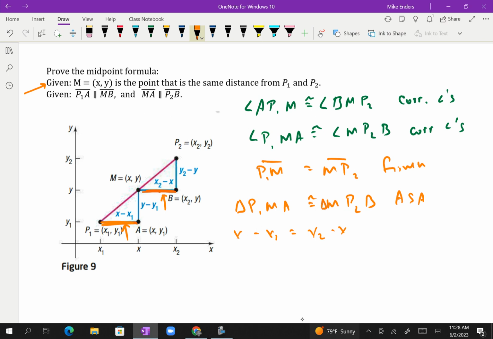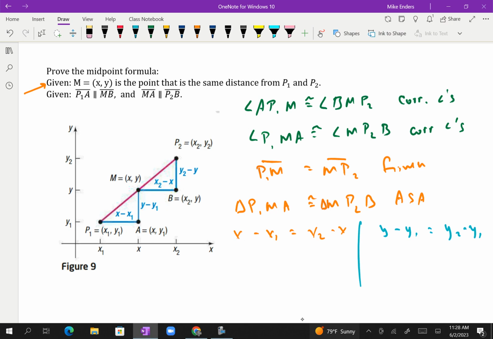Also, the vertical pieces have to be congruent. So this piece here and this piece here have to be the same because they're the same parts of the congruent triangles. So that would be y minus y1 is this first piece, and then that has to equal y2 minus y, which is that piece.